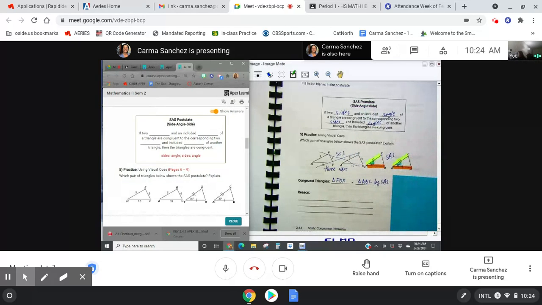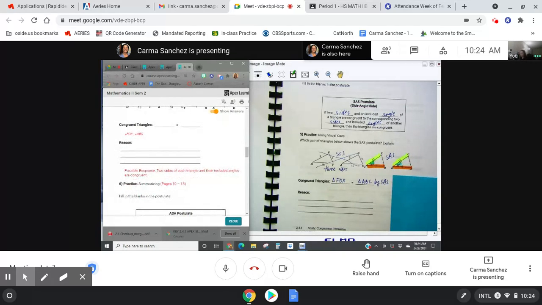The reason for that is that 2 sides of each triangle and their included angle are congruent. Therefore, the triangles are congruent. Okay, so that's the side-angle-side postulate.